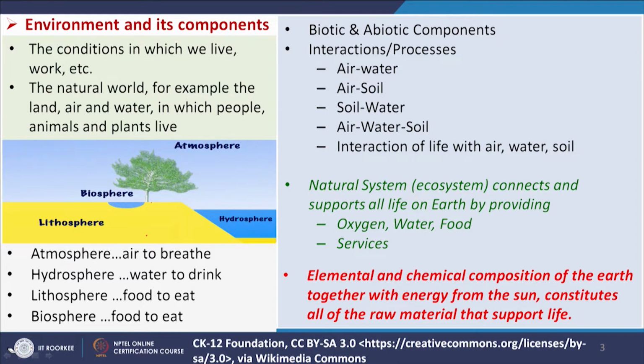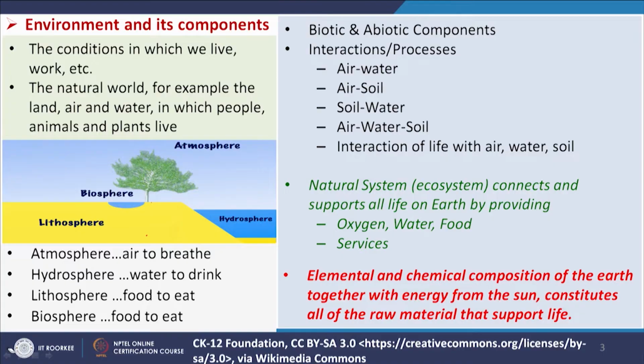The environment has 4 parts: atmosphere, hydrosphere, lithosphere and biosphere. The atmosphere gives us air, the lithosphere is related to soil and gives us food, the hydrosphere gives us water, and the biosphere is that part where living organisms coexist with the non-living elements.